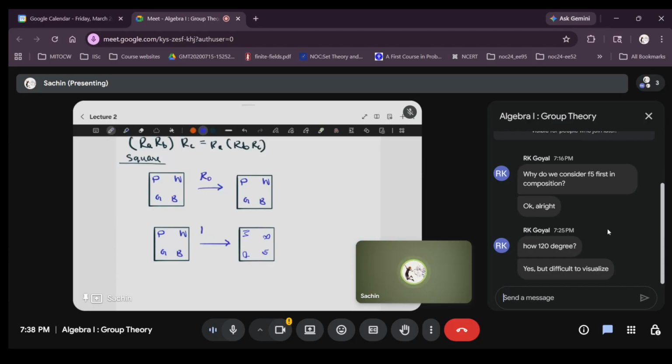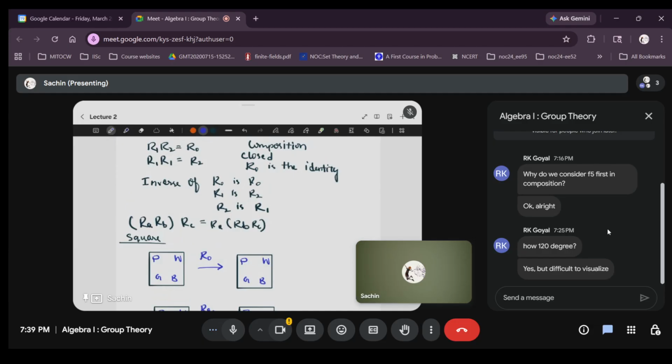This is R0, this will be R90. So this is one type of operation, a 90-degree rotation. Then you can rotate by 180 degrees or 270 degrees, then 360 degrees will get you back to the origin. That is one type of operation.